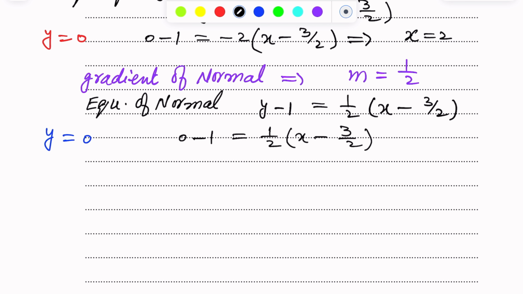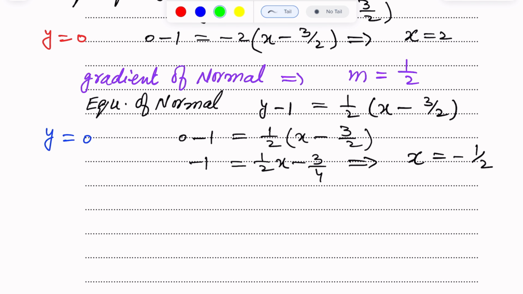Simplifying it, minus 1 is equal to 1 over 2 x minus 3 over 4. From here we can get the value of x. x will be equal to negative 1 over 2.